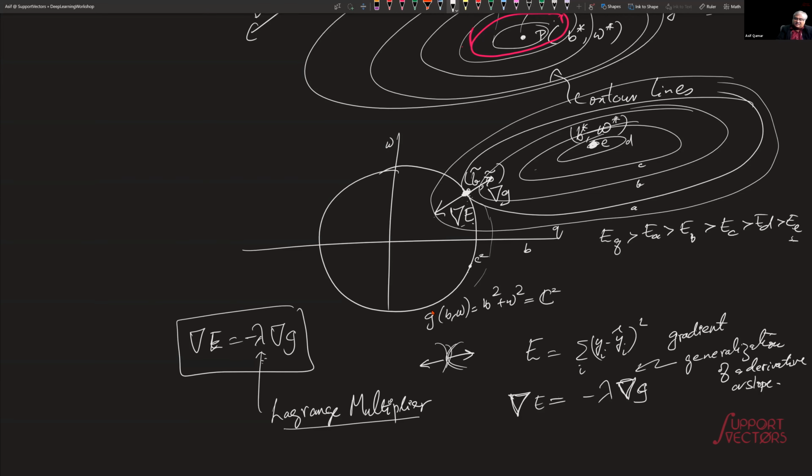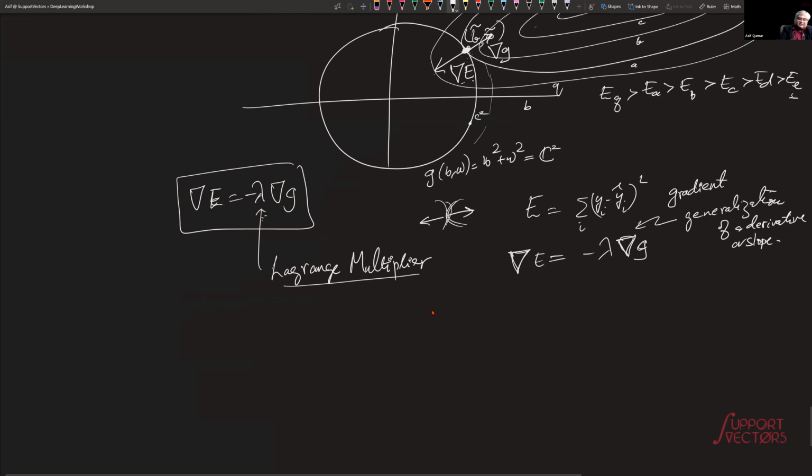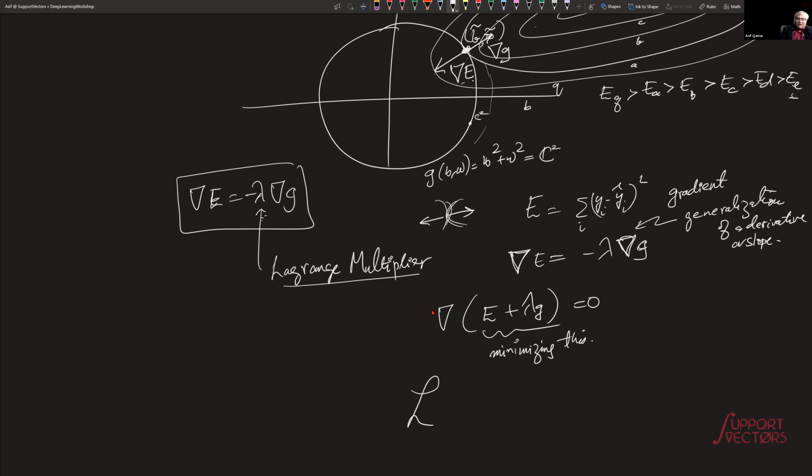Del symbol. So now this equation can be written furthermore. From this, we conclude that we can write it as gradient of E plus lambda G is equal to 0. In other words, we can think that we are minimizing this. When the derivative vanishes, we have minimized this, right? Minimizing this. So the word that you use is, it is your loss function.